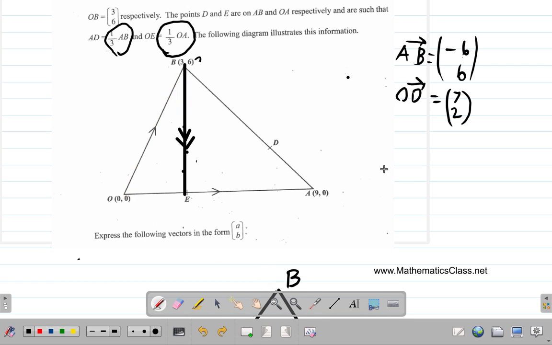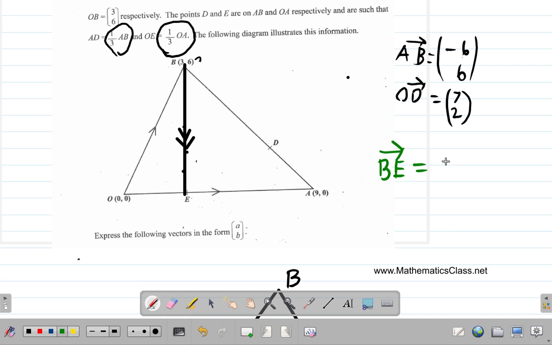So, what we say here is that BE, which is going along this vector, is equal to BO, which is going along this vector, plus OE, which is going along this vector.